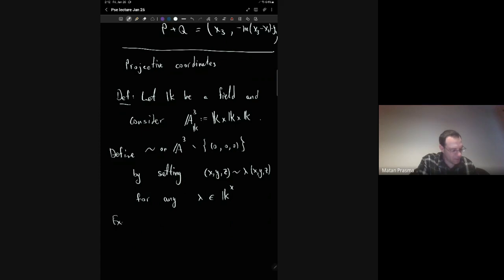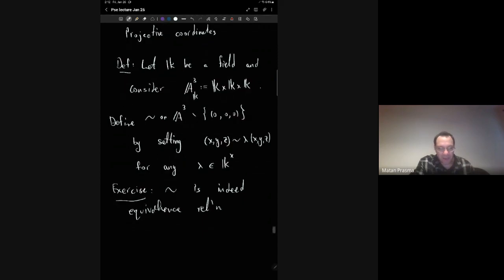Maybe an exercise: tilde is indeed an equivalence relation. I can give you a sketch. The non-trivial thing in equivalence relations is to show transitivity.